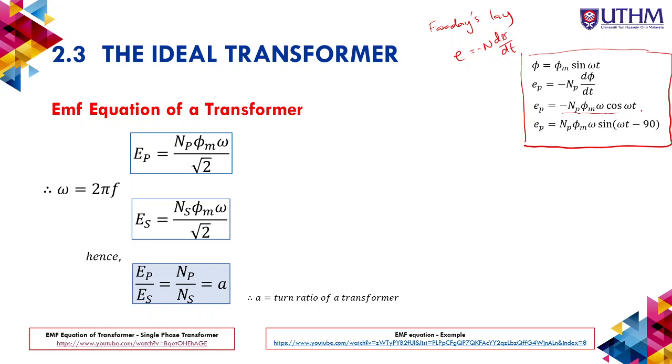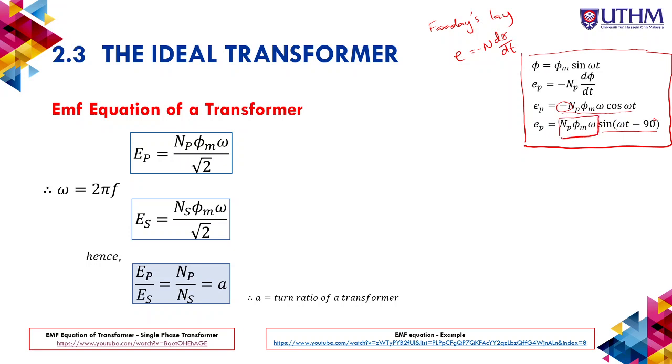However, in the power system they use the sine equation, so since they use sine, we need to convert the cos with the negative here. So it becomes sine omega t minus 90 degrees over here. So this is the magnitude.